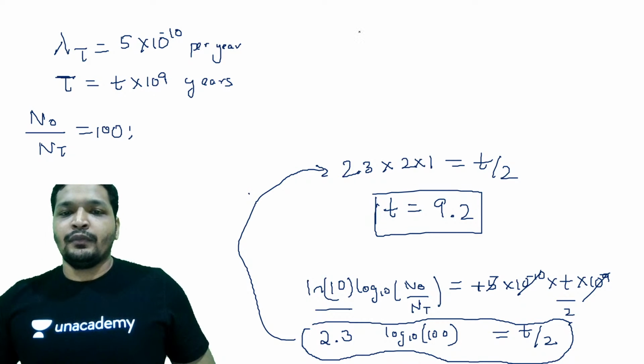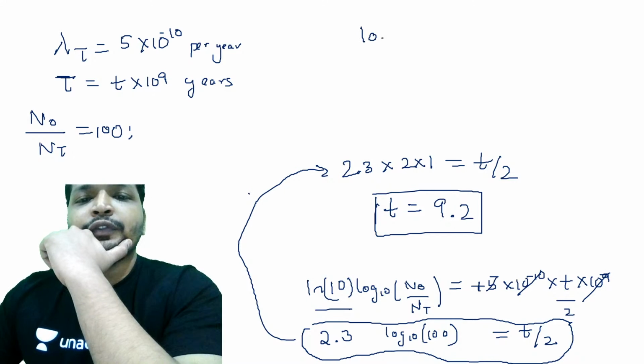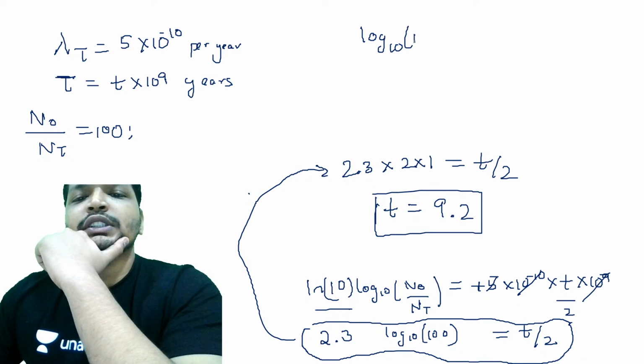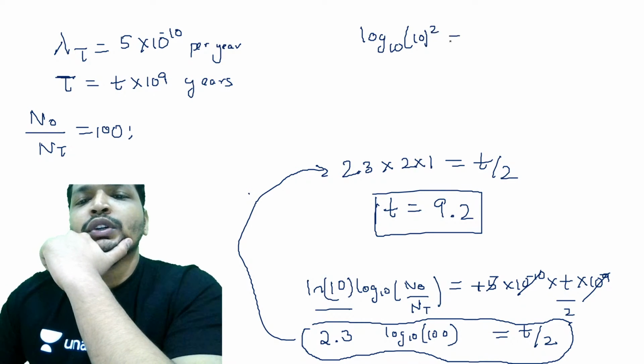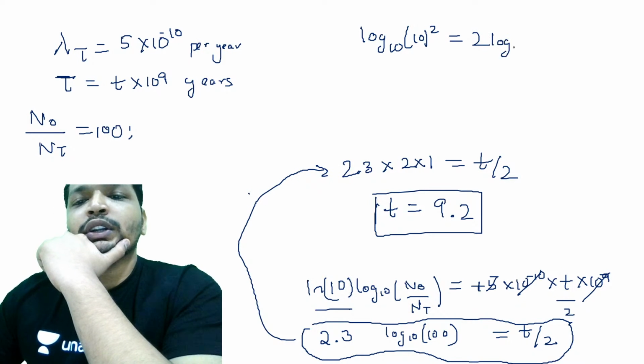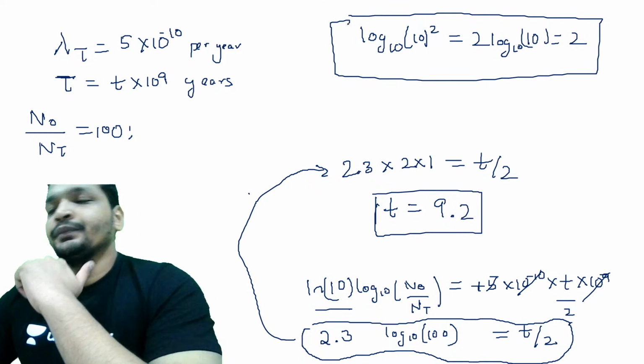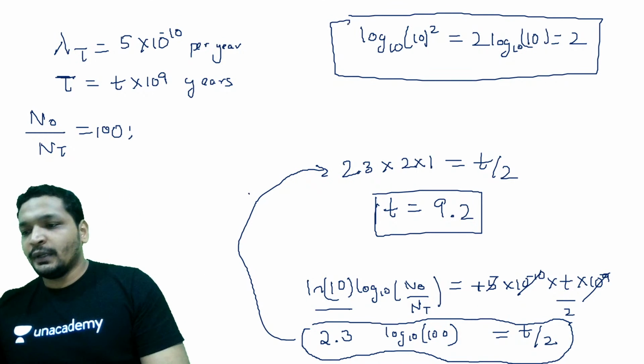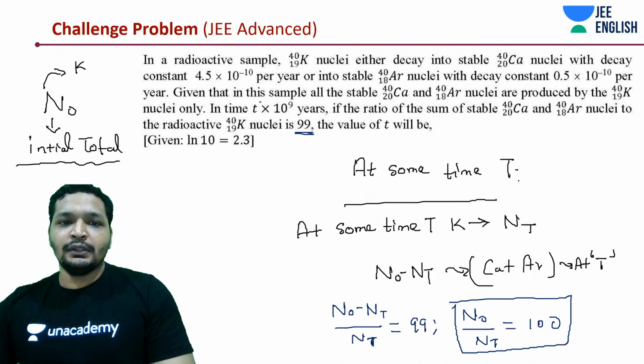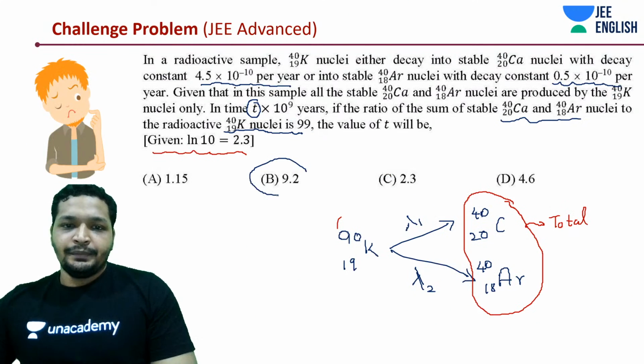Okay. And one more thing, if you are not aware of this, this is 10 to the power 2. That would be 2 into log 10, and that would give you 2. Alright? I believe this is simple. So the answer should be B.